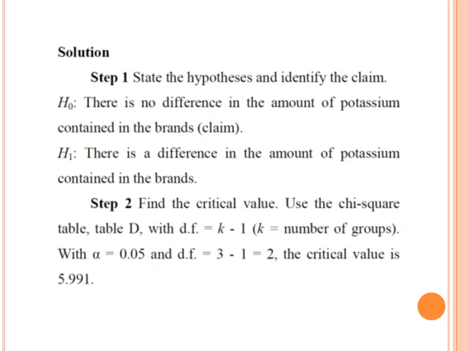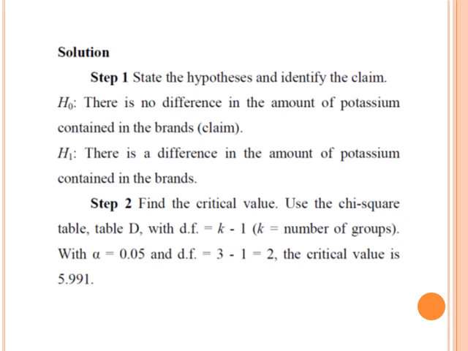So our claim is in the null hypothesis, not in H1. The H1 hypothesis is that there is a difference in the amount of potassium contained in the brands. So this is the first step, stating the hypothesis.